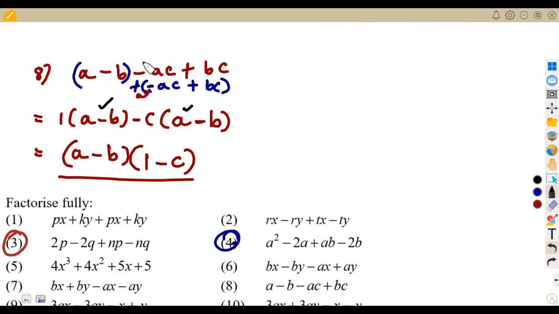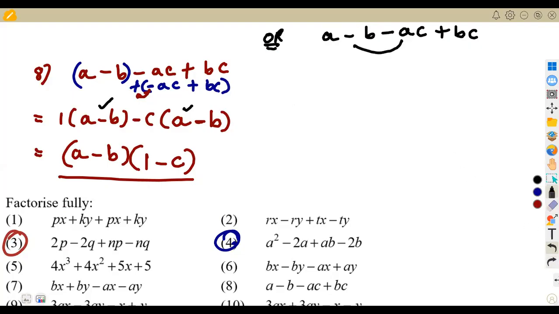You failed to locate that, and you want to opt for another way of grouping your terms in terms of where we have A and where we have B. We were given this as A minus B minus AC plus BC. I can choose to say I have the part of A, and also here I have an A. So I can group these terms together.